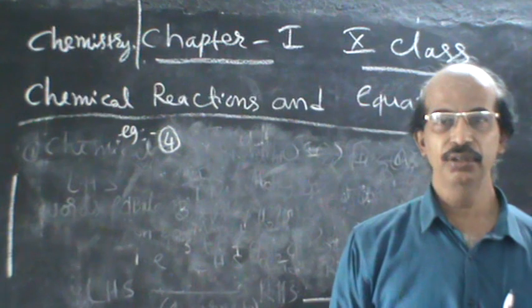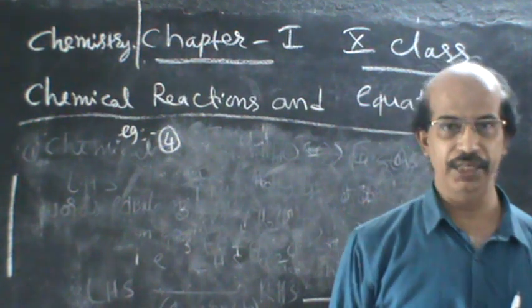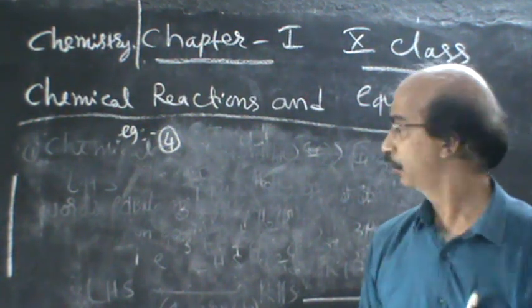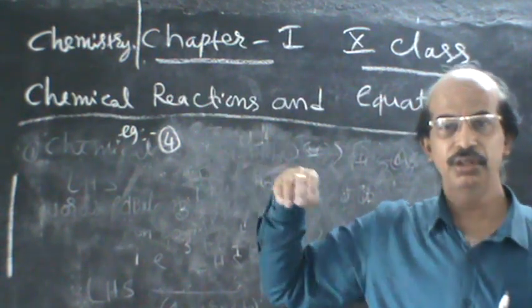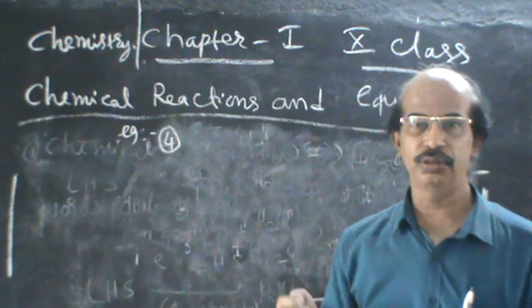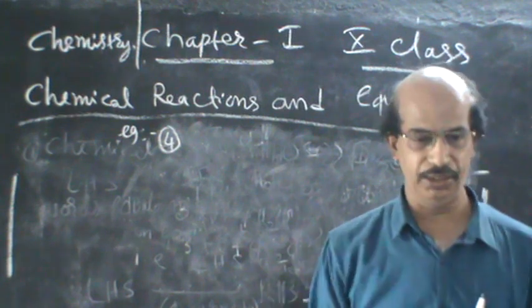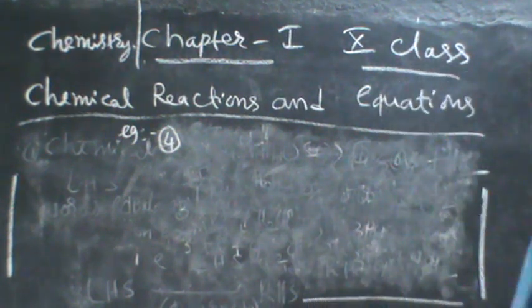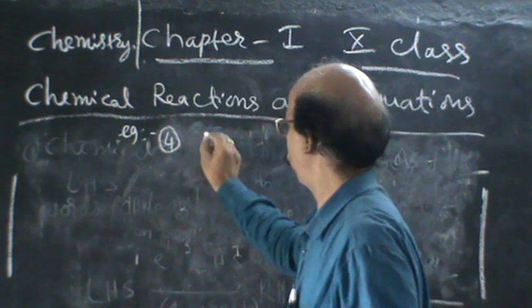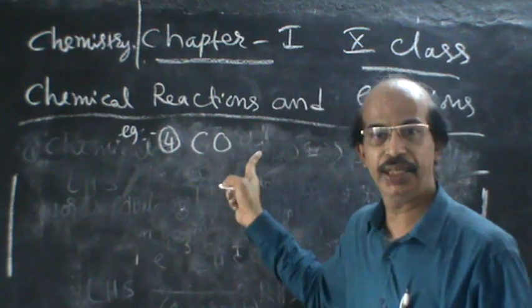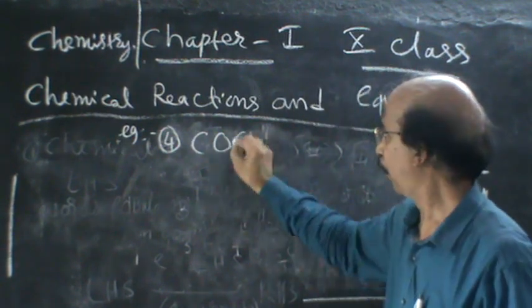Whether it is solid, liquid, or gas. So in this fourth equation I am showing the conditions as well as the states. States means solid, liquid, gas. Let us try the fourth one. CO: what is it? Whether it is gas, liquid, or solid.